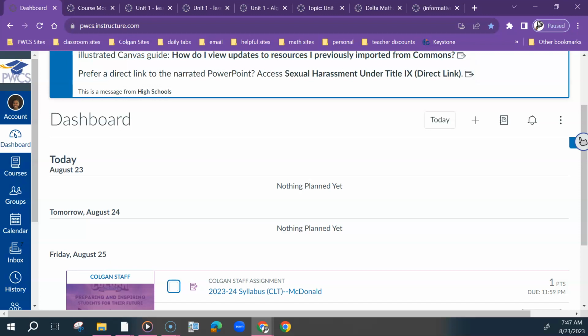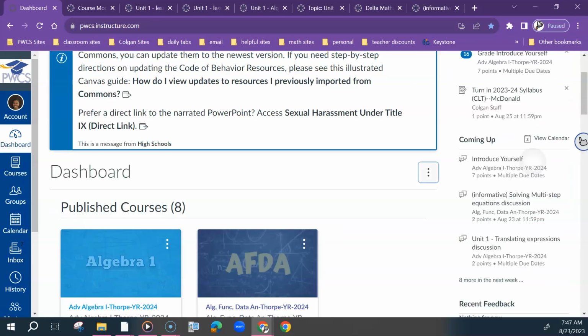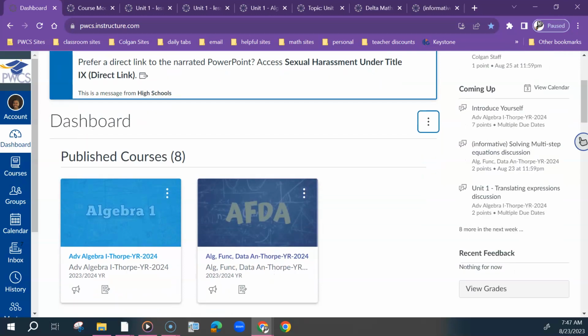That's a good way to keep track of all your classes and assignments for every day. Then you can always change it back if you want. On the side, it also says coming up, so you can also see your assignments there. You can go back into the class.